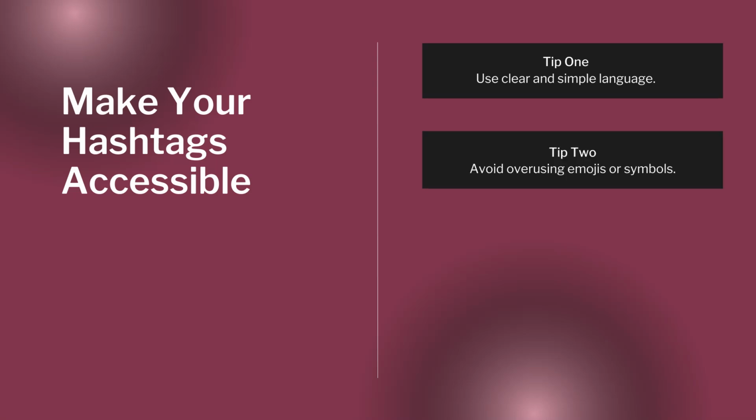Number two, avoid using emojis and symbols. There's a couple reasons to do this. Oftentimes, screen reader software and other assistive technology software cannot even interpret the emojis or symbols, so those will be completely missed.